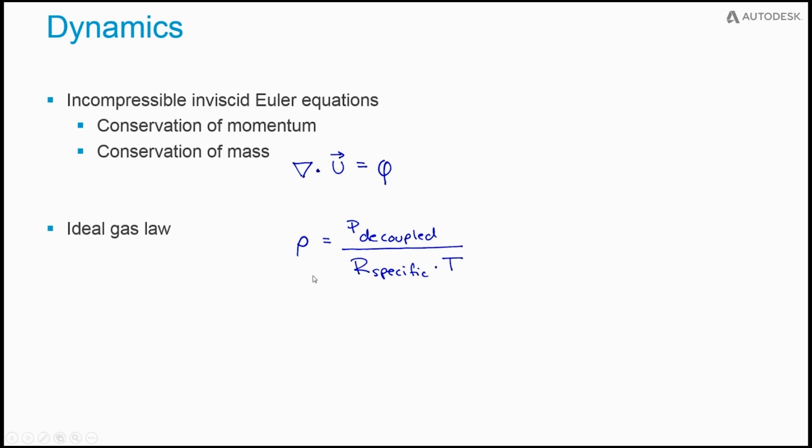Basically it computes the fluid mass density, rho here, as a function of the pressure divided by the specific gas constant times the temperature. Now here it's important that we decouple the density and the pressure. That's to avoid introducing a speed of sound, which would incur lower time steps and thereby a slower solve, which essentially we'd like to avoid for computer graphics.